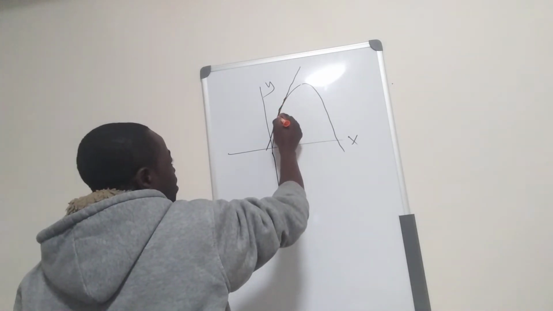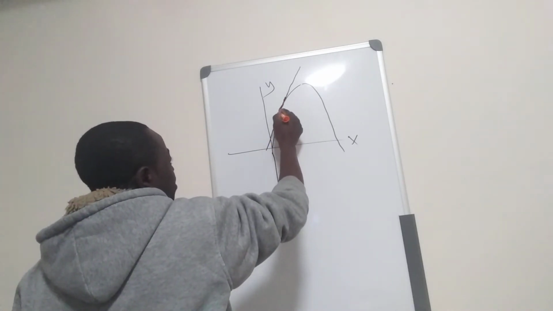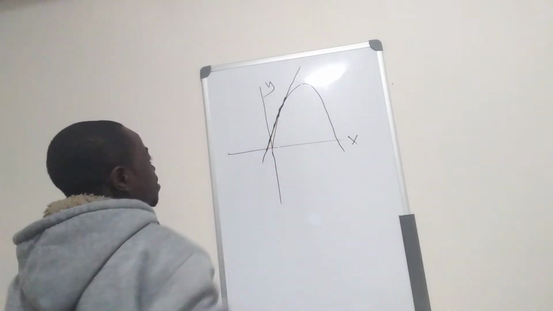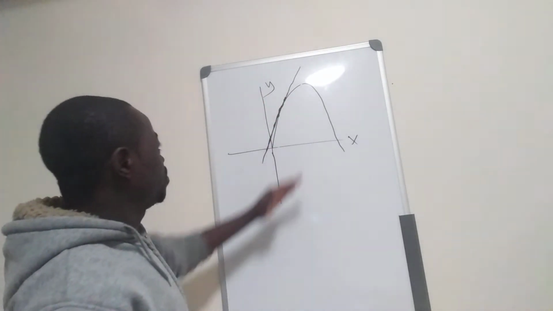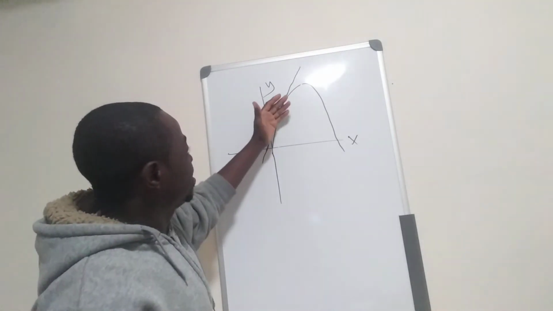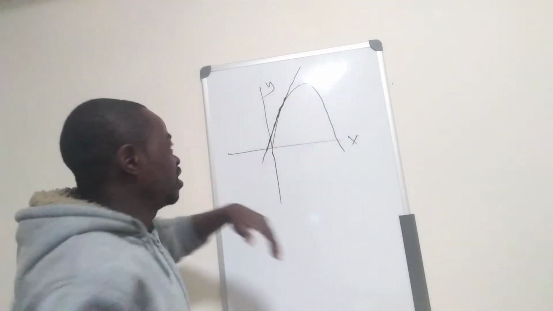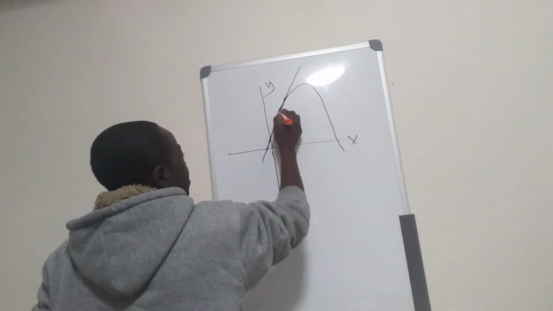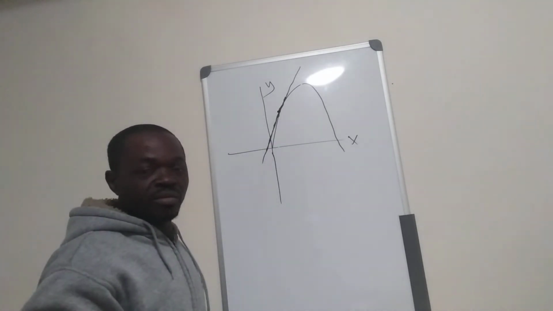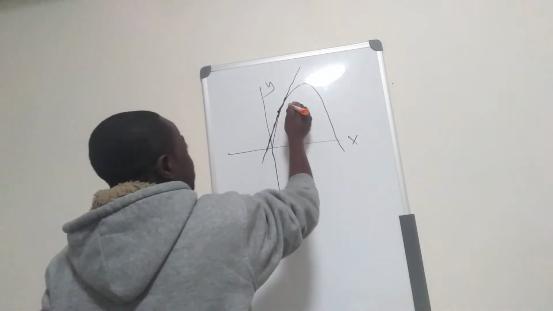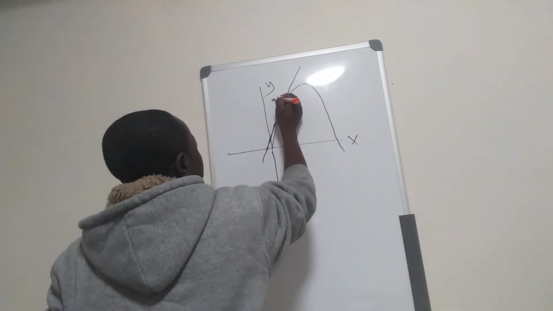Just bear with me. It's kind of crooked. So that is the line which passes, it touches this curve. Let's say it touches it at a point here. Let's say A, B.